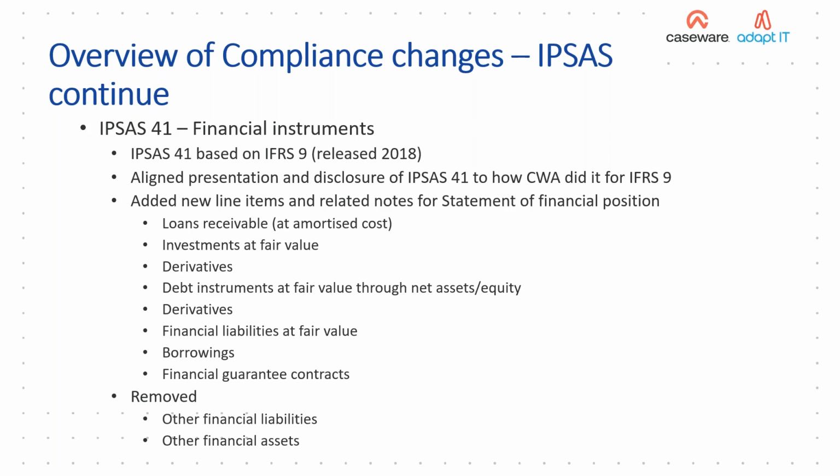Those do not change, and we just need to add some additional content to those line items. But we needed to add new line items for loans receivable, investments at fair value, derivatives on the asset side, debt instruments at fair value through net assets or equity, derivatives on the liability side, financial liabilities at fair value, borrowings, and then financial guarantee contracts. So these are new line items on the face with its related notes.